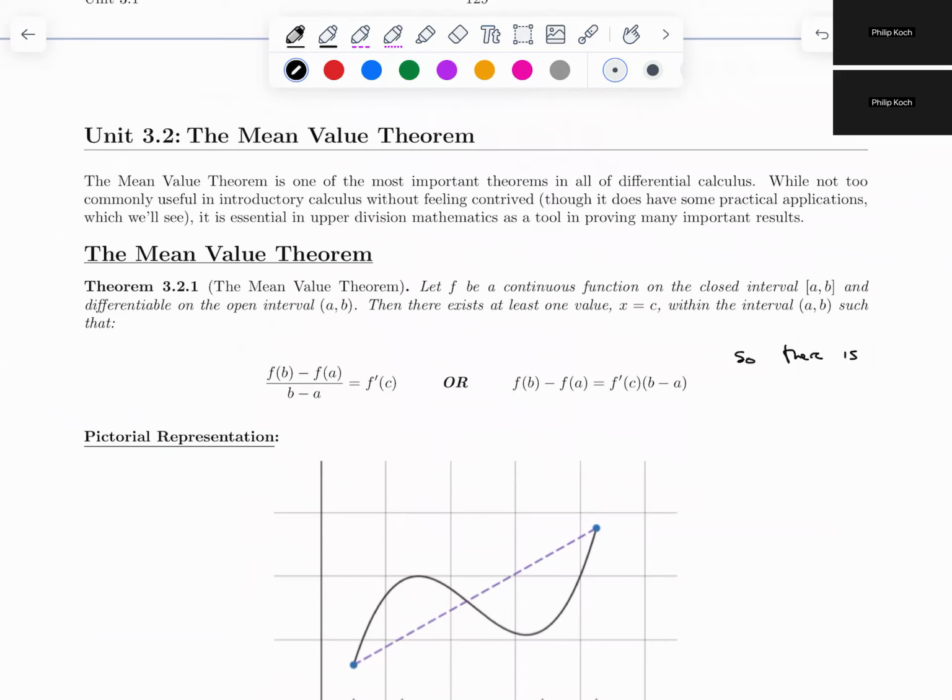So what it's trying to tell you is that there is a point, there is an x value in (a, b) such that m tan is equal to m secant. The average rate of change and the slope of the tangent line are the same.